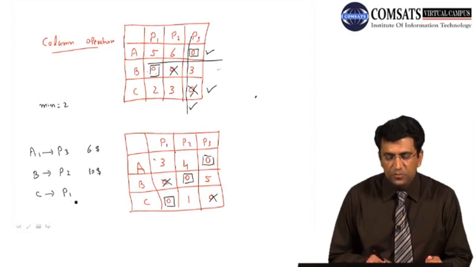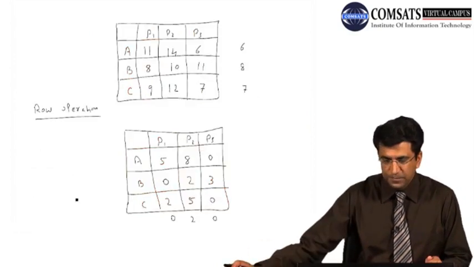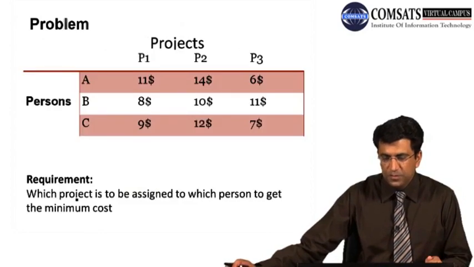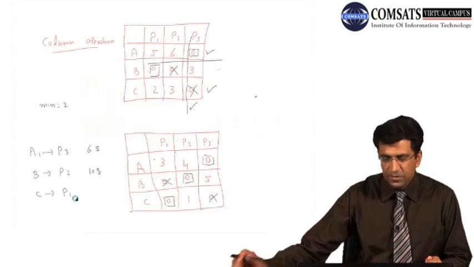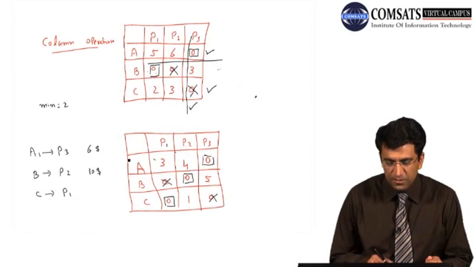And again C to P1, the cost is $9, so we will write $9 here. And our minimum cost in this particular case is 10 plus 6, that is 16, plus 9, $25.